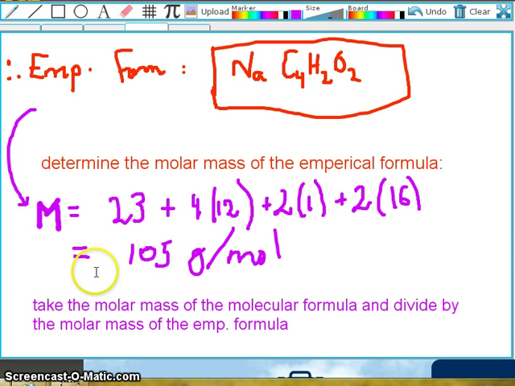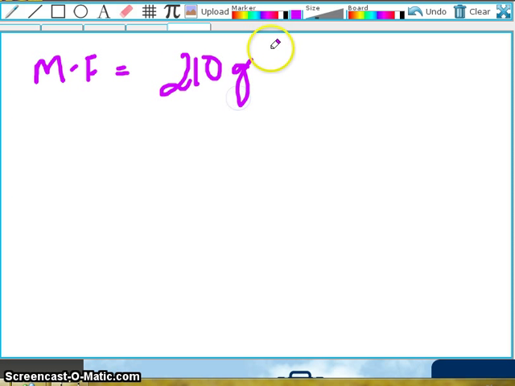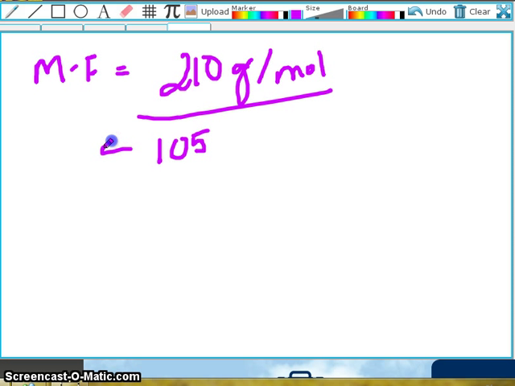So in this case, if we recall the molecular formula, oops, a little too big again. The molecular formula, I'm just going to call it MF, had a molar mass of 210 grams per mole. And we had already established that. We just calculated it. This would be the empirical formula.